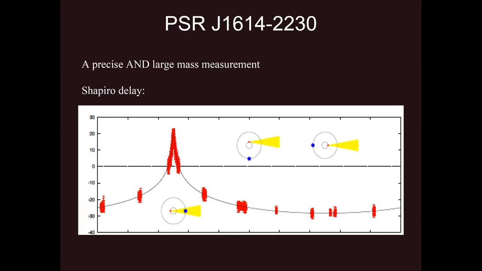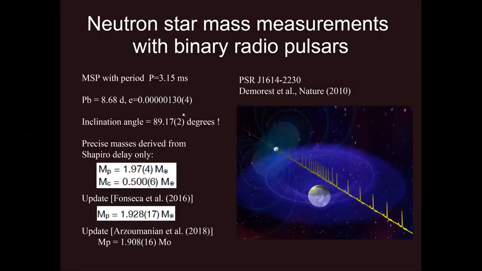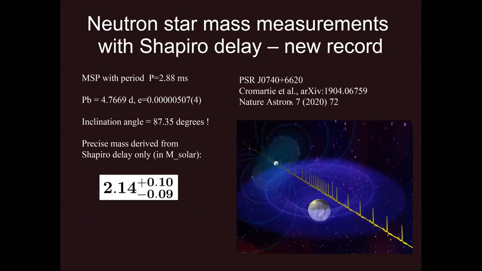Inclination here is very close to 90 degrees. So we are lucky that nature provides us with such an object where we can look edge on to this binary system.